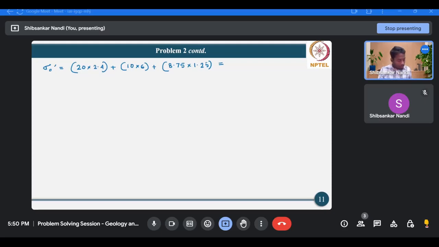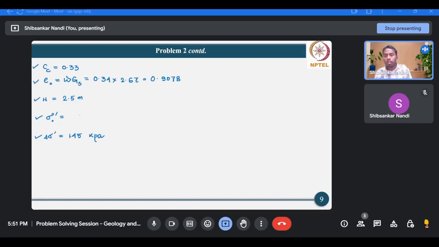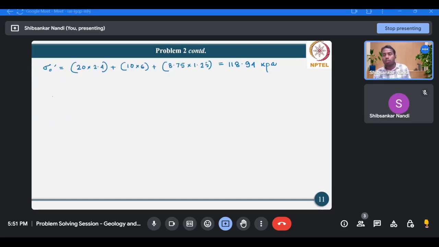Okay, so 118.94. So this is the initial effective overburden pressure. Okay, so here we can write 118.94 kPa.